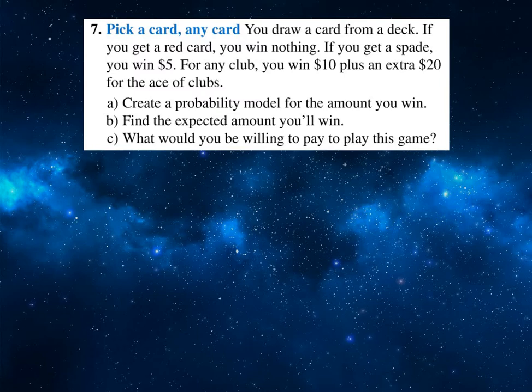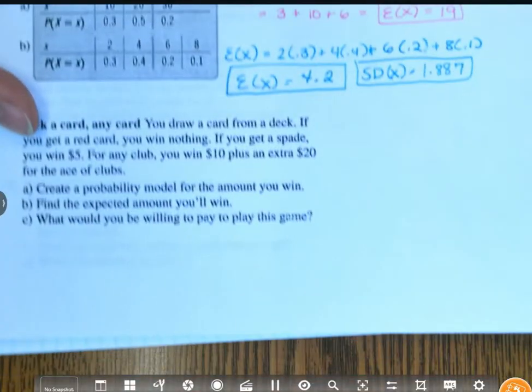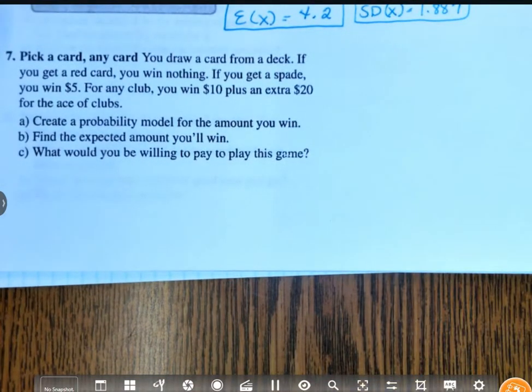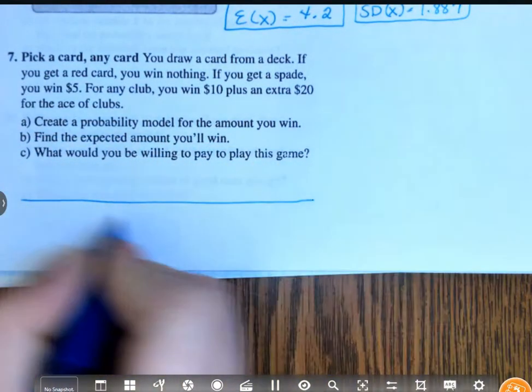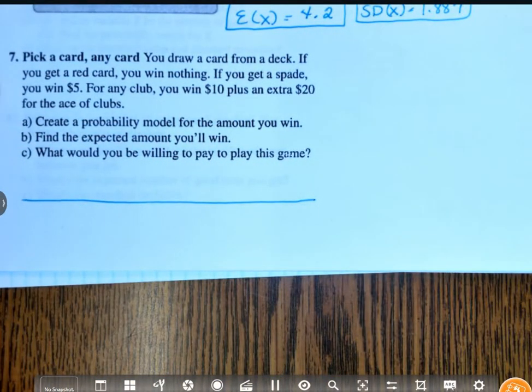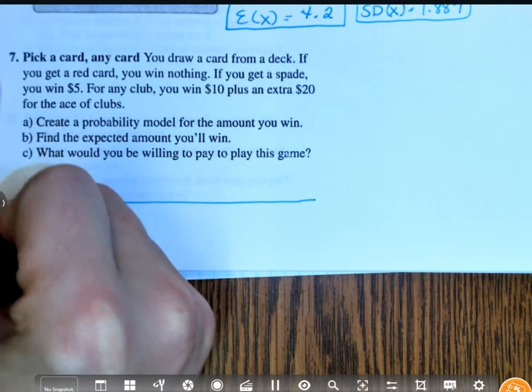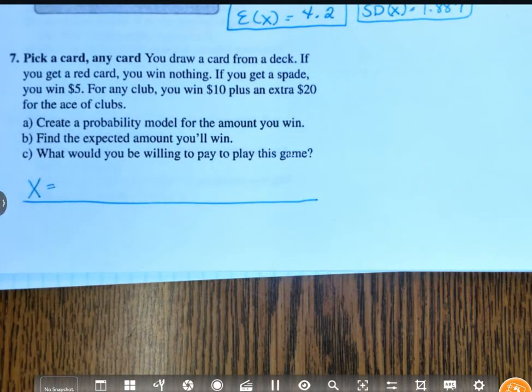All right. What we're going to do here is generate our probability model. When I do my probability model, I have a top row and a bottom row. The top row is all possible outcomes. What am I interested in as my outcomes here? Money.